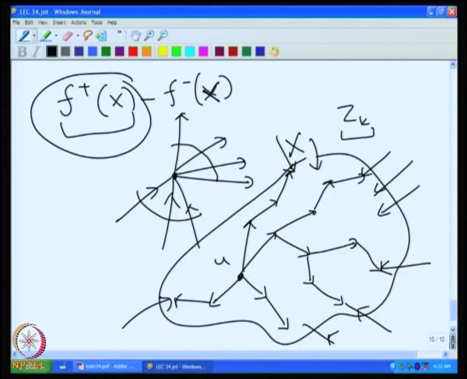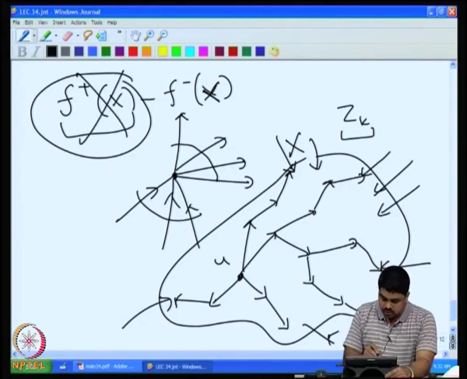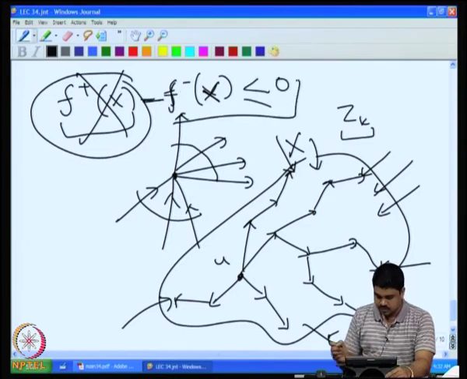If there were an outgoing edge, we could capture the endpoint of that outgoing edge also, since from u you can reach that vertex via directed paths. So, this is not there. So, only minus of f minus x is there, so this has to be a negative value, less than or equal to 0.